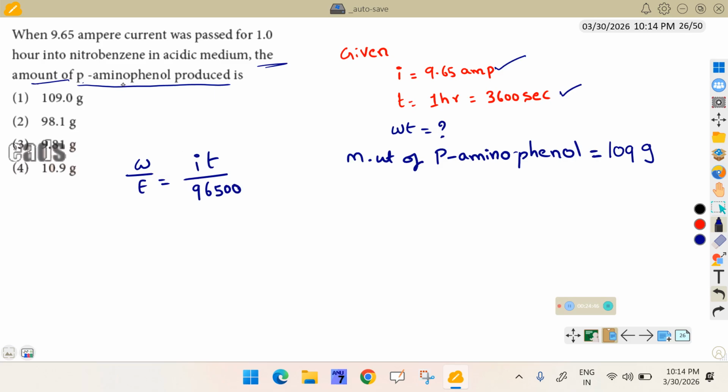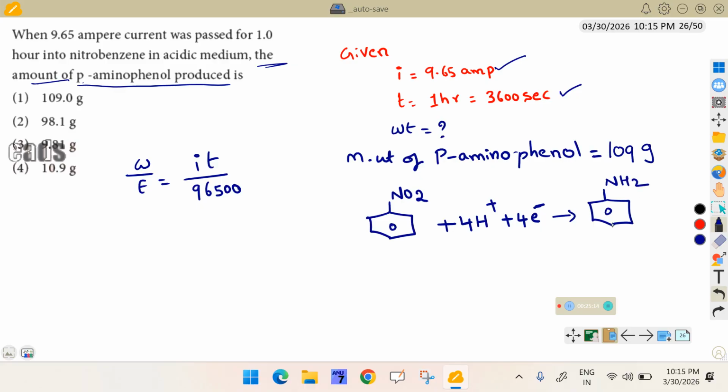Calculate the equivalent weight of para-aminophenol. Nitrobenzene undergoes reduction with 4H plus 4 electrons. Then the nitro group is converted to the amine group, giving the product plus H2O. So the n factor value is equal to 4.